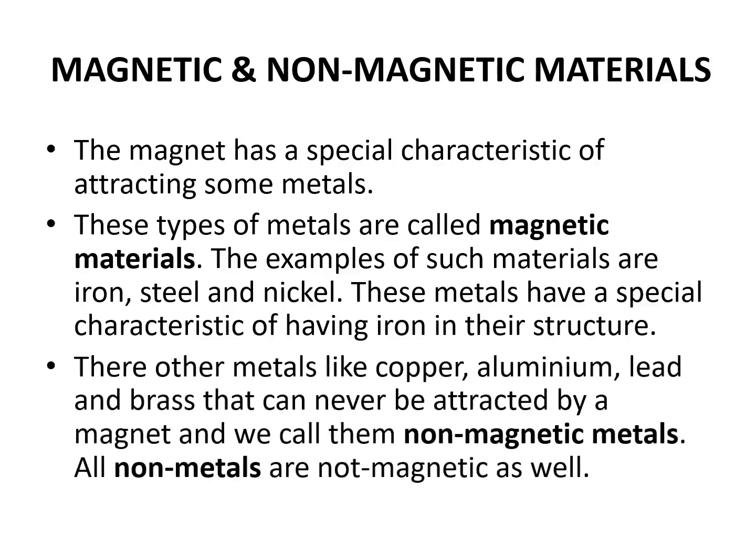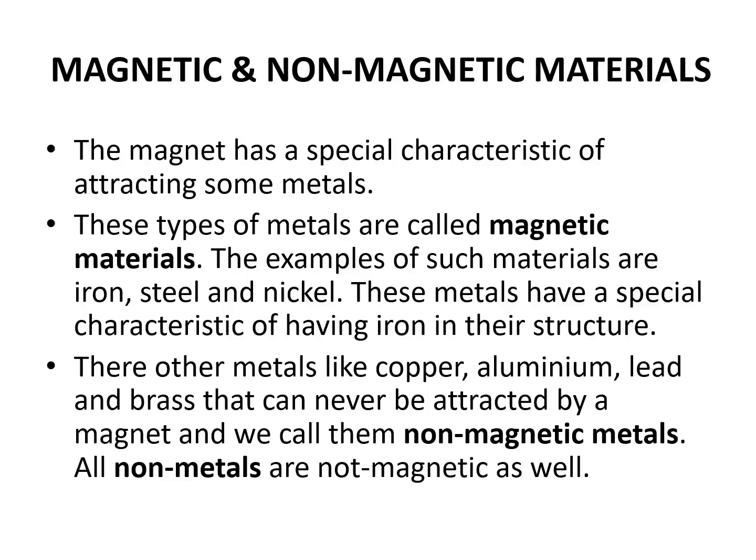There are, of course, other metals that cannot be attracted by a magnet, and those are called the non-magnetic metals. Examples of such are copper, aluminium, lead, and brass. The reason is simple. They do not contain iron as part of their structure.